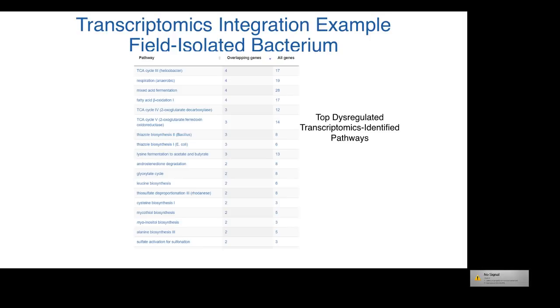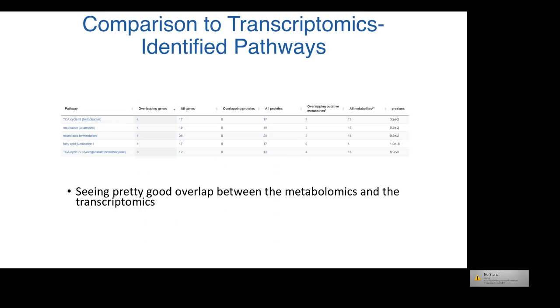You can sort those overlapping genes to find out which pathways had the best overlap between our metabolomics and our transcriptomics. When I did this, I found that the transcriptomics was agreeing with a lot of our energy-related pathways and a lot of our sulfur-related pathways, again starting to hint at our amino acid biosynthesis hypotheses.